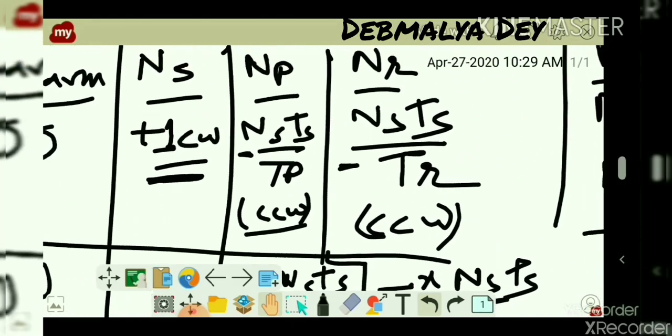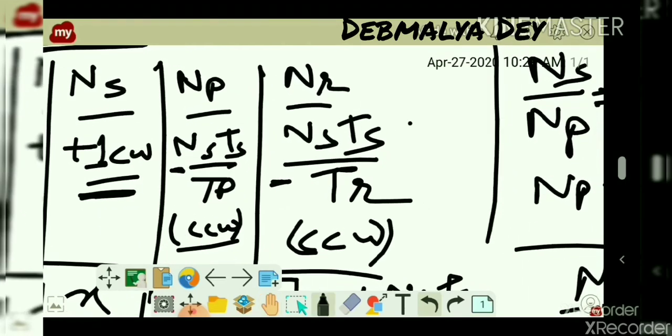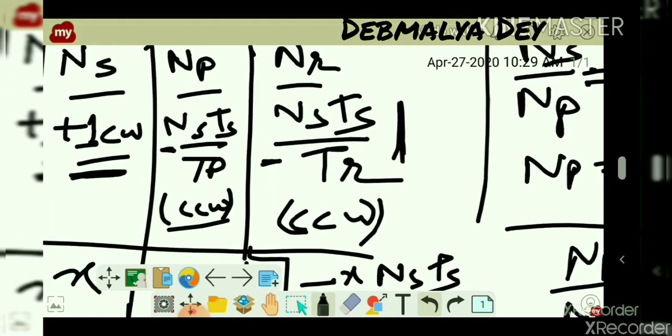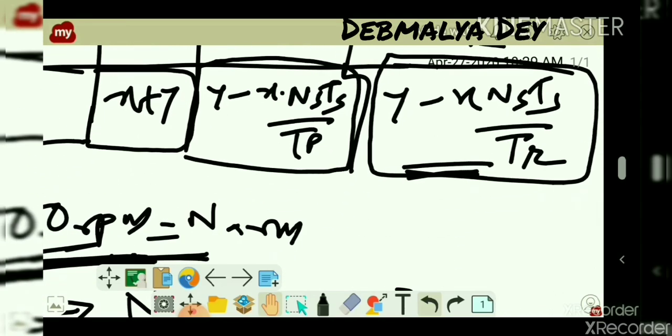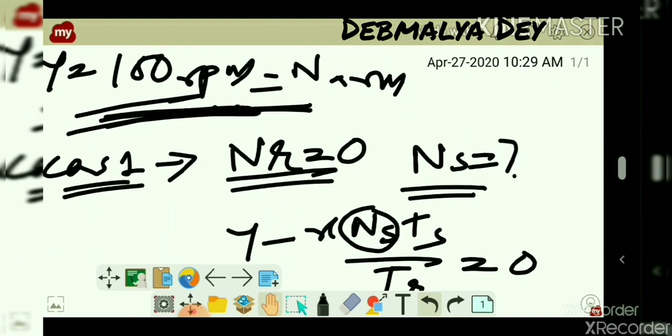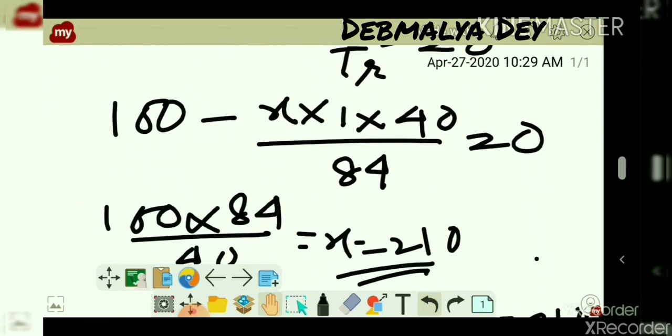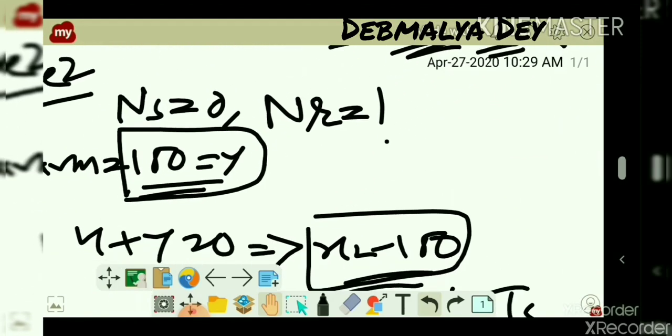In class, I explained to directly put the values of these terms, ns into ts by tr, with ns equals 1 and ts and tr, so it will be a number. You can do it like that, but otherwise, what I have done is I have just written the variables and in the last I put all the values, which is much easier. Actually, both are easy, so you can use any method and you'll get the same answer.